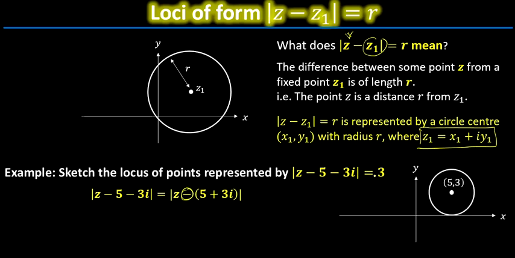An important piece of advice here, students: whenever you do such sketching, the loci diagram, always use a ruler and a pair of compasses, so that you draw a neat and better diagram. You see here the important thing: this point has y value 3, the imaginary value is 3, and the radius is also 3.